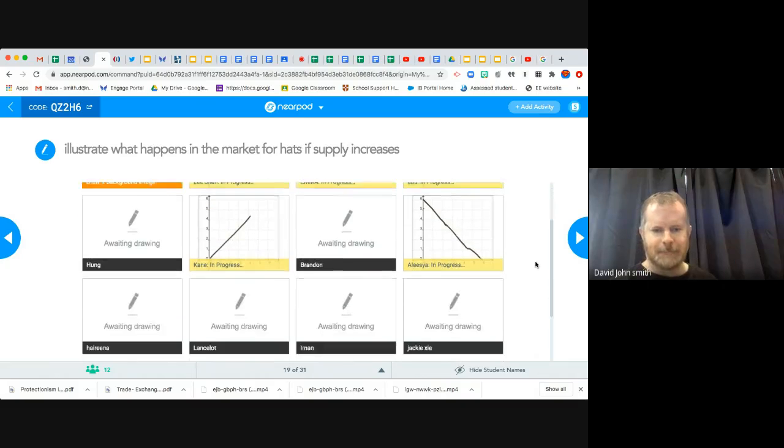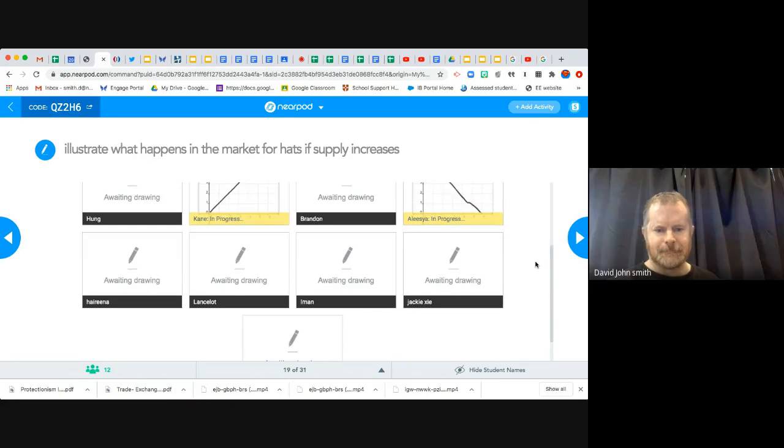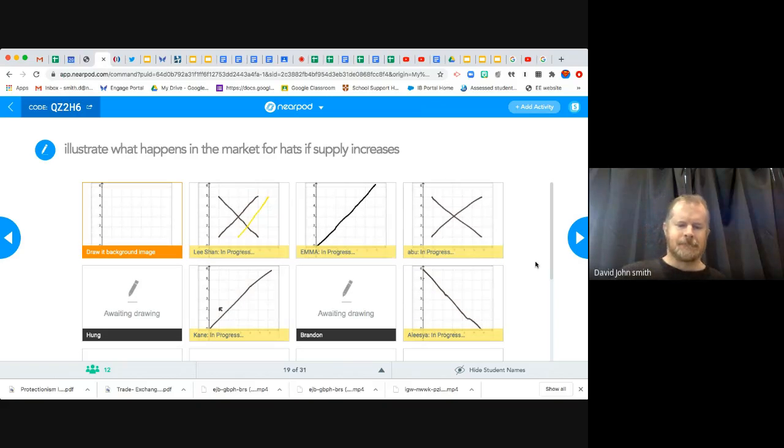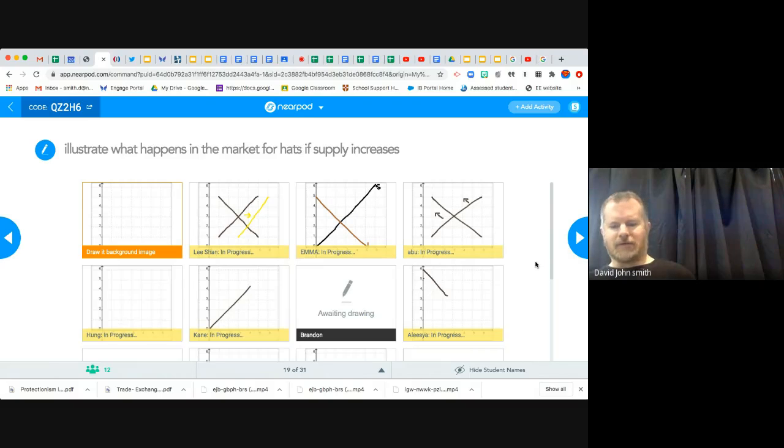Good work. Okay. So we're wanting to see the supply curve, the upward sloping curve. It's going to increase, and the increase for supply is a movement to the right, because it is moving away from the number 0.